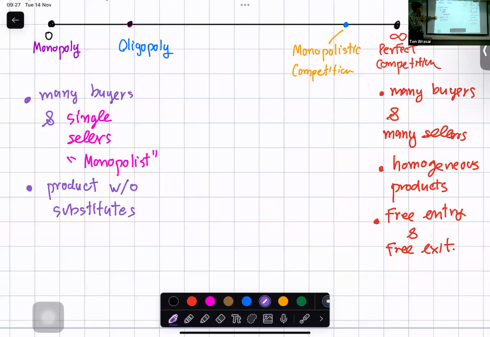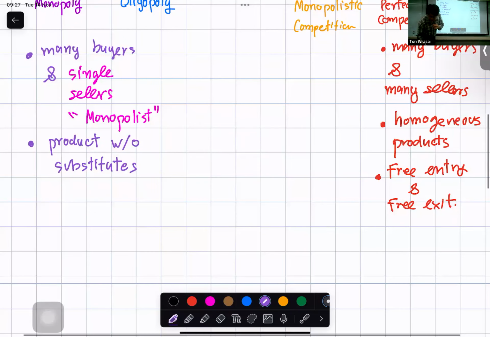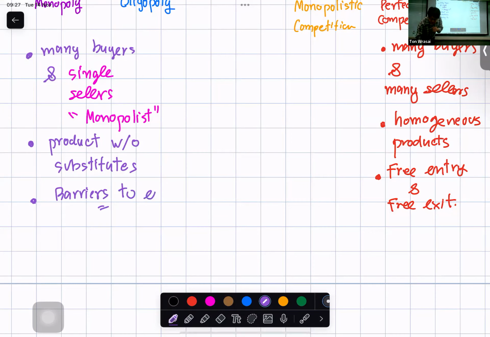Right. Number three. Why is this guy alone in the market? There must be some barriers to entry. So number three, barriers for others to get in.